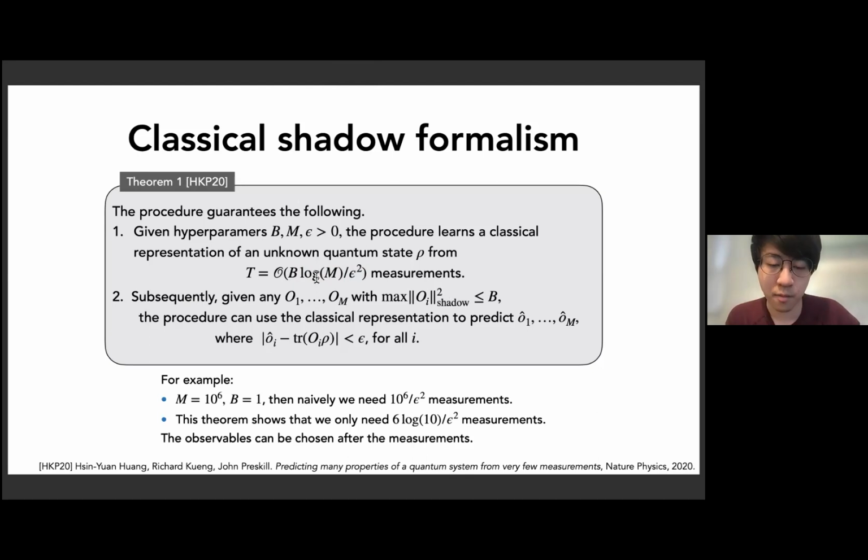However, this theorem shows that we actually only need 6 log 10 over epsilon squared measurements, which is a huge reduction over 10 to the 6 over epsilon squared measurements. And furthermore, the observables that one wants to predict can be chosen after the measurements. So in a sense, this representation that's learned from the experiment is a classical representation of this arbitrary quantum state.